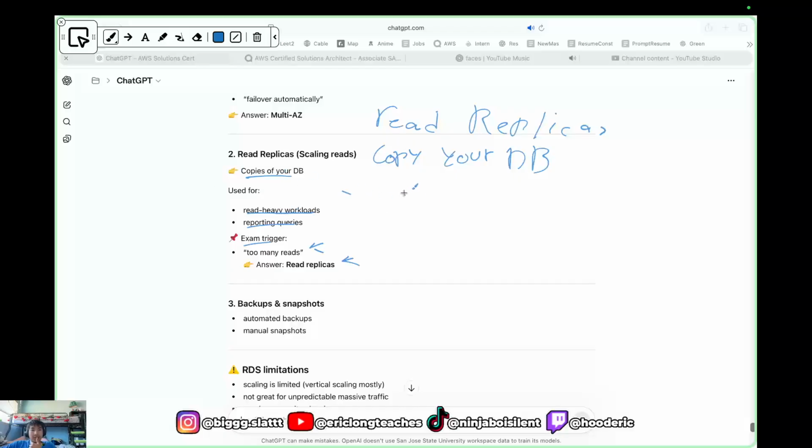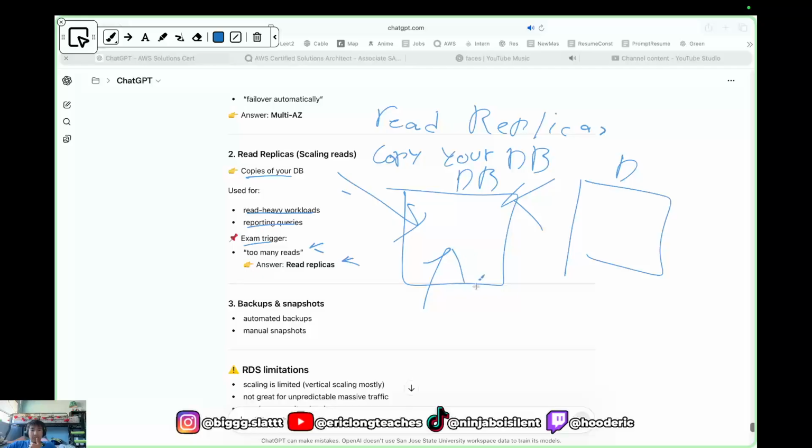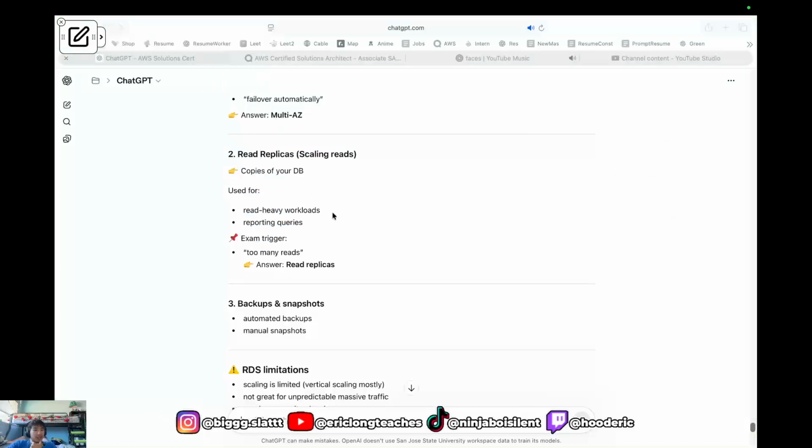Instead of having one database, we have multiple copies of the database. So when we all access the same database, we won't run into issues about querying speeds. We could access one for this, one for this, kind of like a load balancer. And that's what read replicas are. So we could replicate the reads.